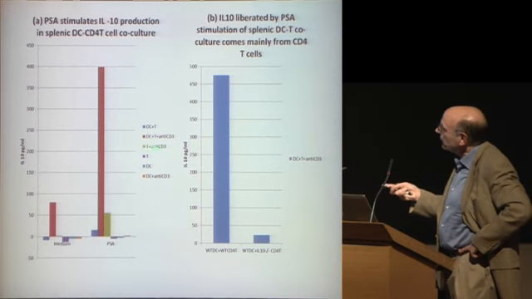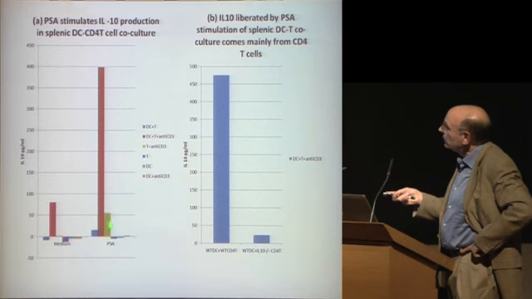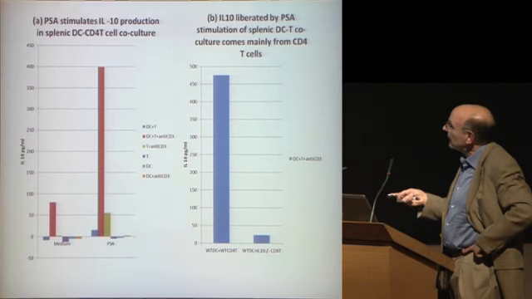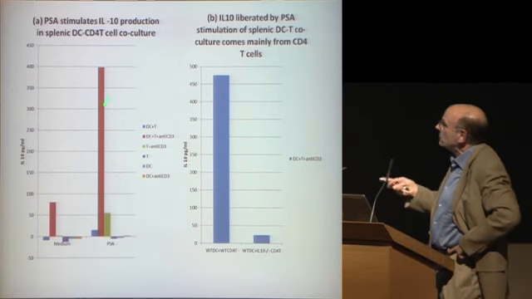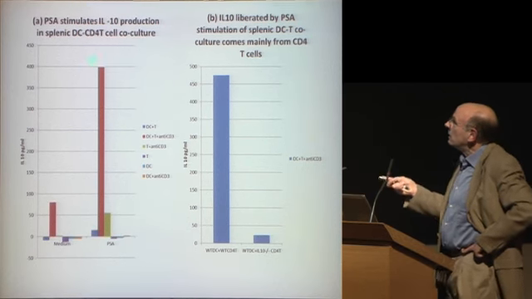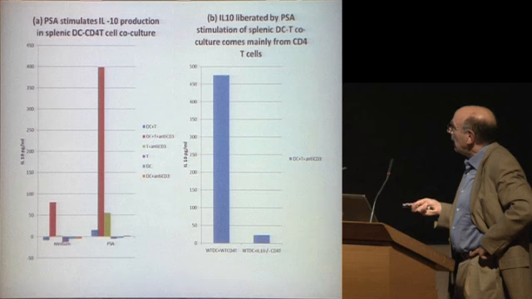The important point here is if you use T cells without dendritic cells, you get very little production of IL-10 by PSA. However, if you use dendritic cells with T cells and anti-CD3 in this case to kind of goose up the T cell, you get lots of IL-10 being produced.